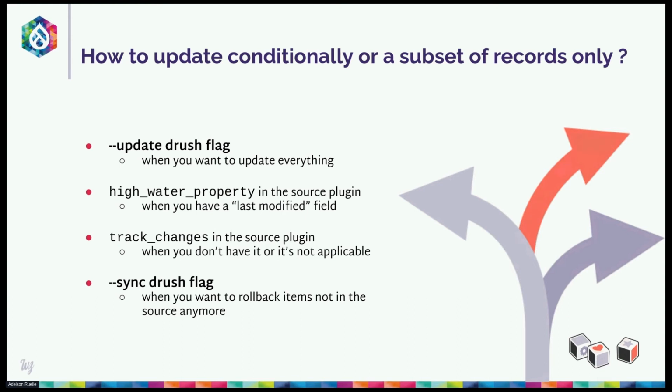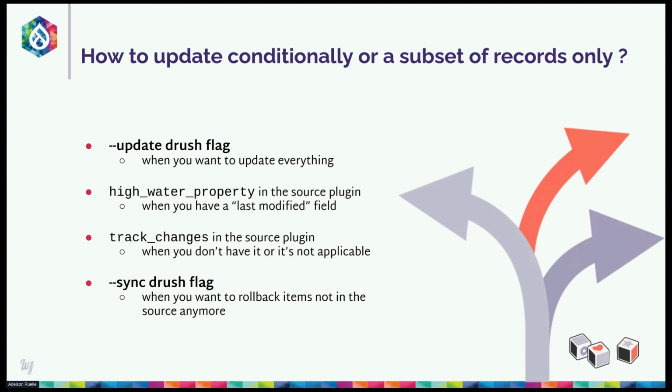So the high-water property allows you to specify a field that contains the last modified date on the incoming data. And then it will compare the last import date with that last modified date. And if the content wasn't modified, it won't import it.